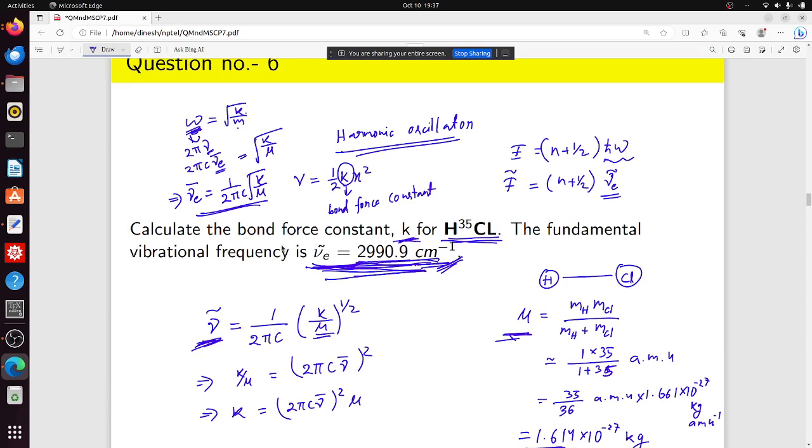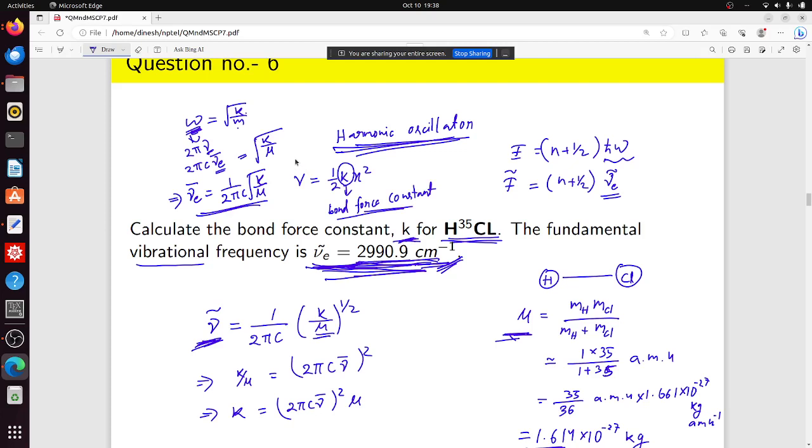And as we are considering vibrational motion, we can approximate this system to be nearly a harmonic oscillator. Okay, so if we consider this to be a harmonic oscillator, then the potential energy is equal to half k x square, where k is the force constant.